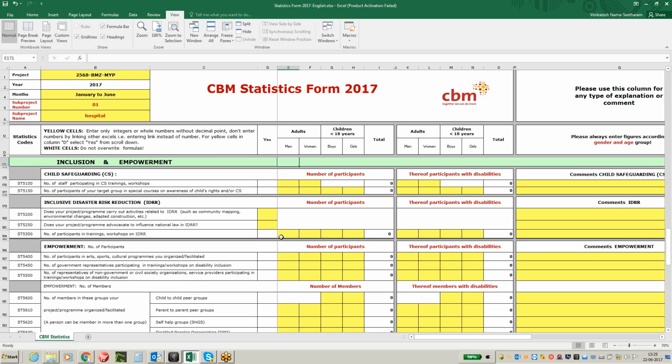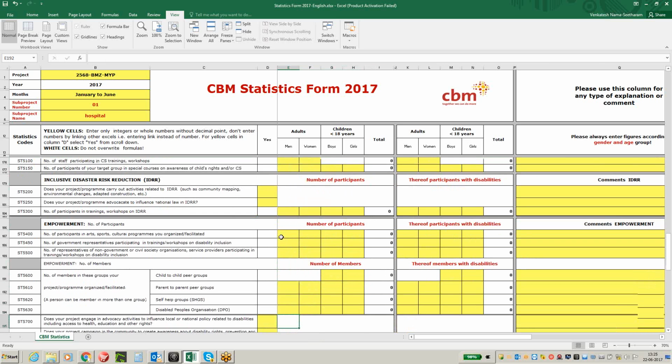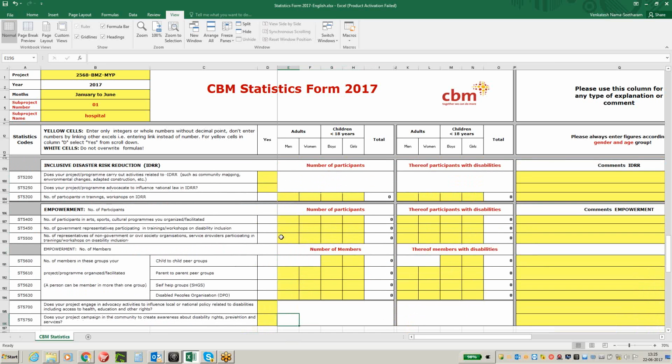Also, staff being employed in a project is something you have in your log frame, in your budget papers, and on a project profile, but it's not really part of a statistic, because it's a profile thing. It's not a statistical thing that changes every year. So we have taken that out to make it simpler, just in case you are missing this. I think nobody will miss it, really. Everybody will be happy it's gone, but just if you wonder.